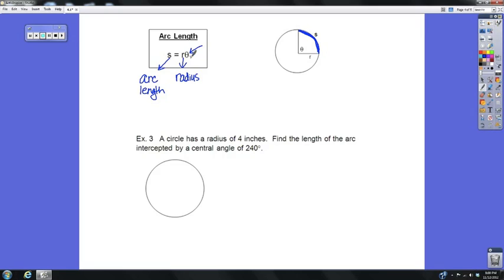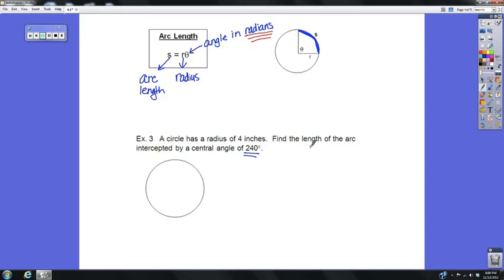This little theta symbol right here represents our angle, but our angle must be in radians. Okay, it must be in radians. That means you're going to have to do some converting. You have to have your angle in radians. That's the place where most people will mess up. You've got to put your angle in radians, because look right here. That's not radians. So you're going to have to convert. So just be careful.